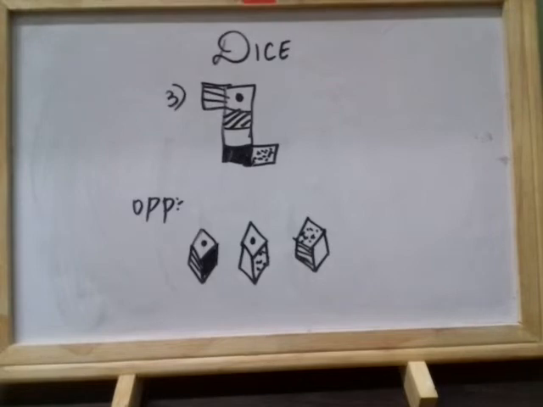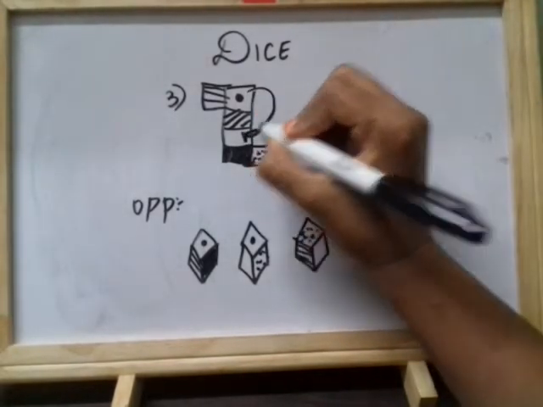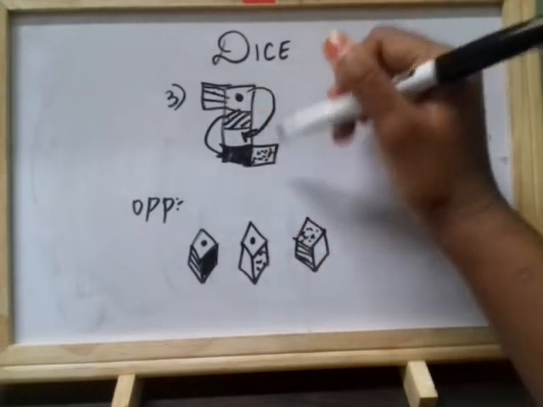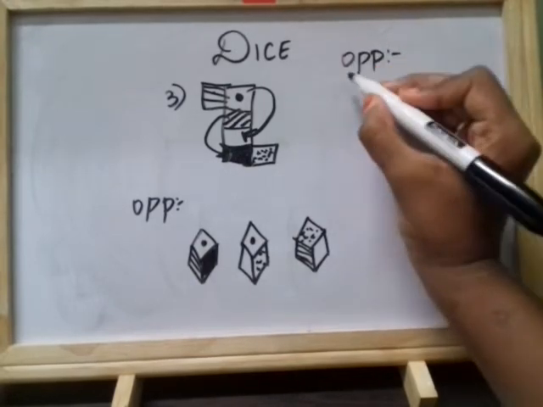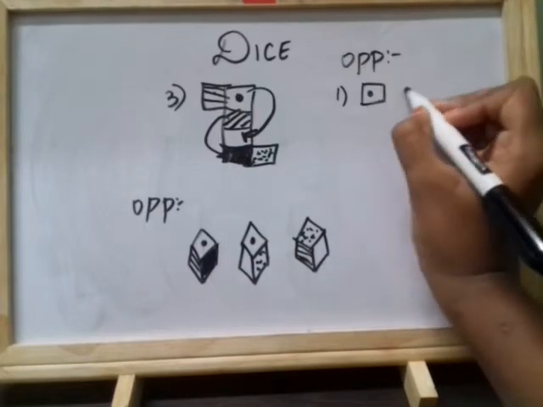First, let us analyze the question. This is opposite to this one. This is the first case, right? This is opposite to this one, and the remaining two are opposite. Let us write the opposite pairs first. Dot is opposite to plain.